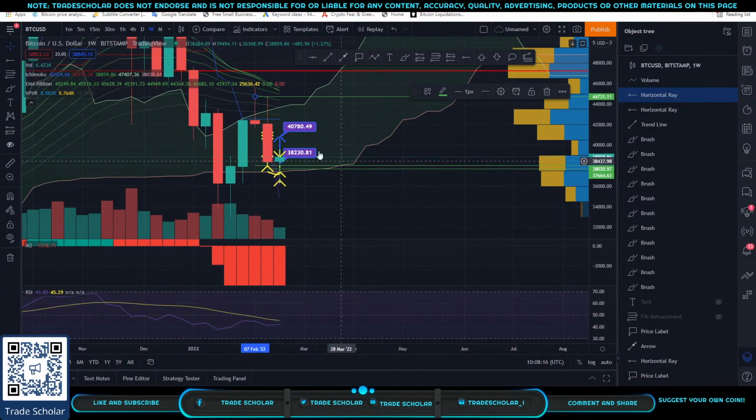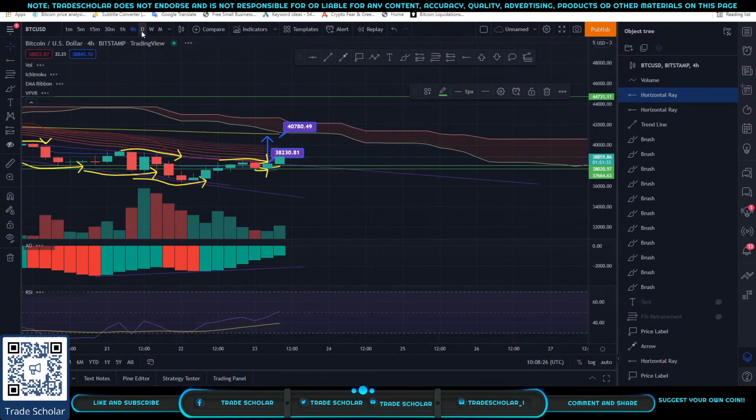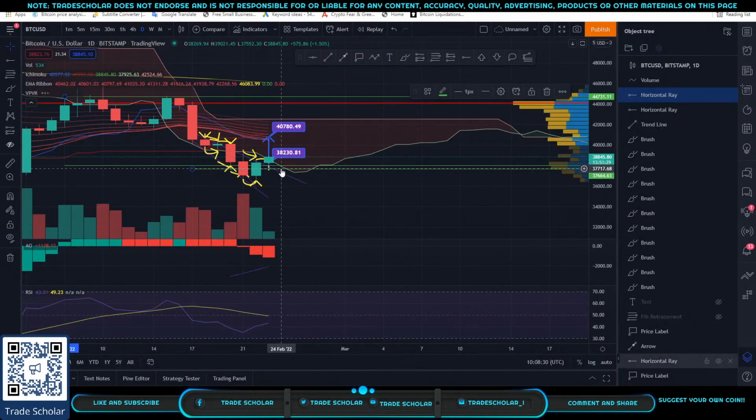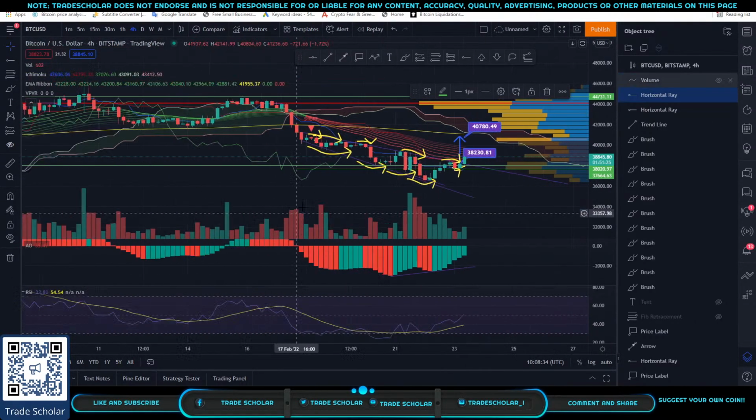That is usually the first trading area, where the market would most likely trade. If you check it in 4-hour and daily time frame, even in daily, we have a breakout. 4-hour time frame.